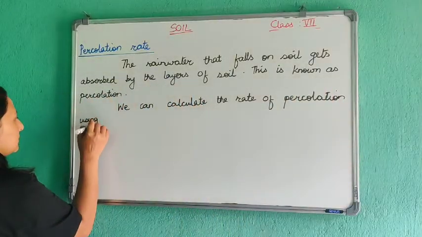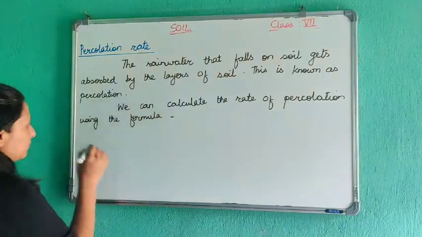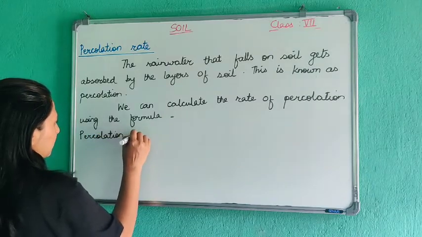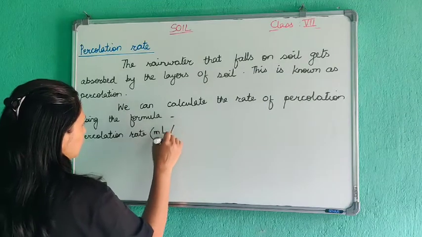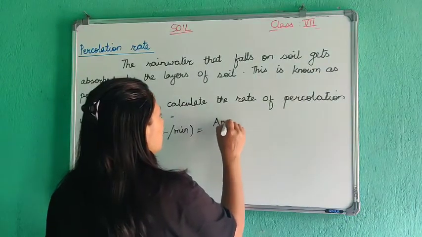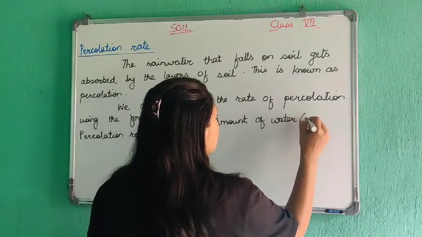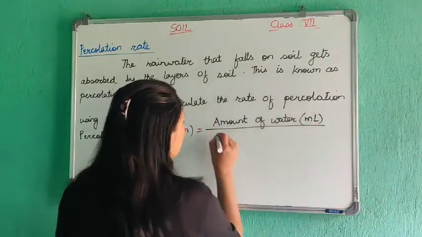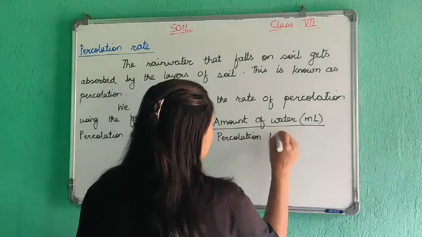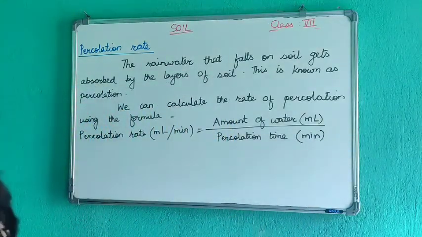Percolation rate, the unit is milliliter per minute, is equal to the amount of water in milliliter divided by the percolation time in minute. Okay, so in this way we can calculate the percolation rate.